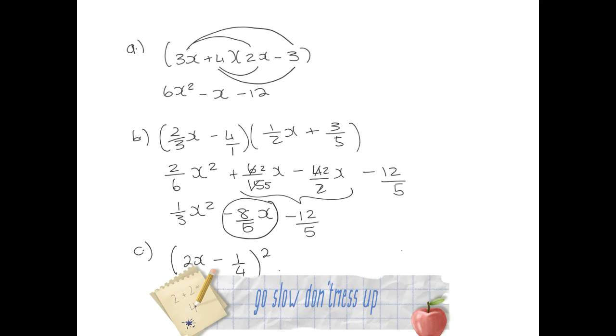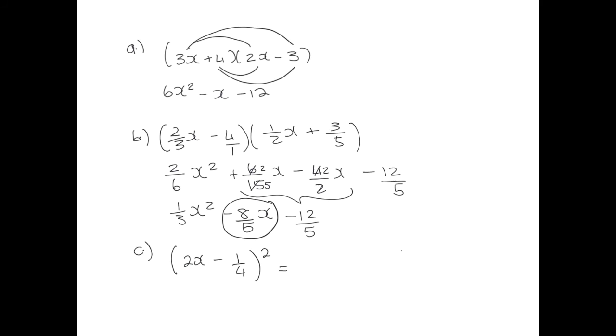If you want to know the shortcut, it's square the first, so it'll be 4x squared, okay? Square the last, and to find the middle term, you times them together and times by 2. So 2 times minus a quarter, you do this on your calculator or in your head, is minus a half, and times by 2 lands up being minus 1.